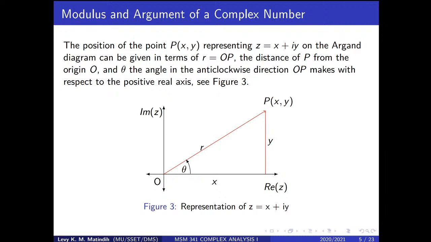Now, if we look at it from the point of view of coordinate geometry, when you are finding the distance between two given points, we use the modulus symbols to represent the length of a given point from another point or from the origin.